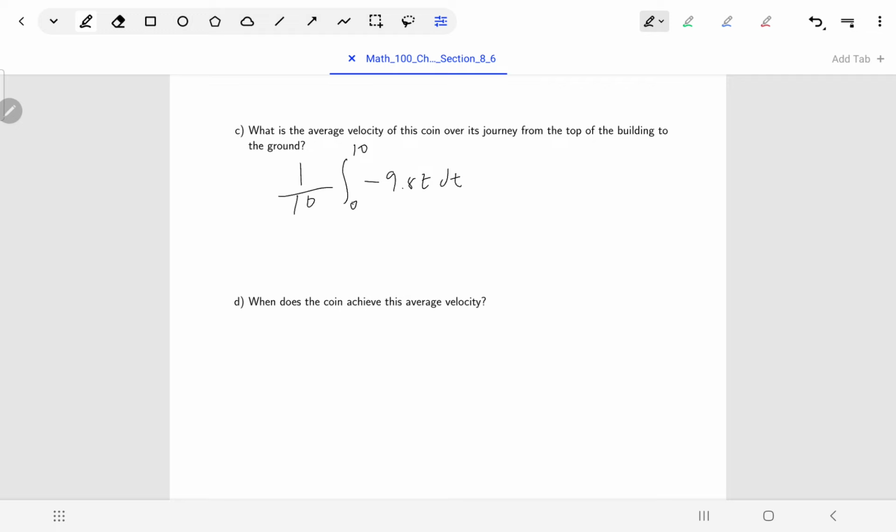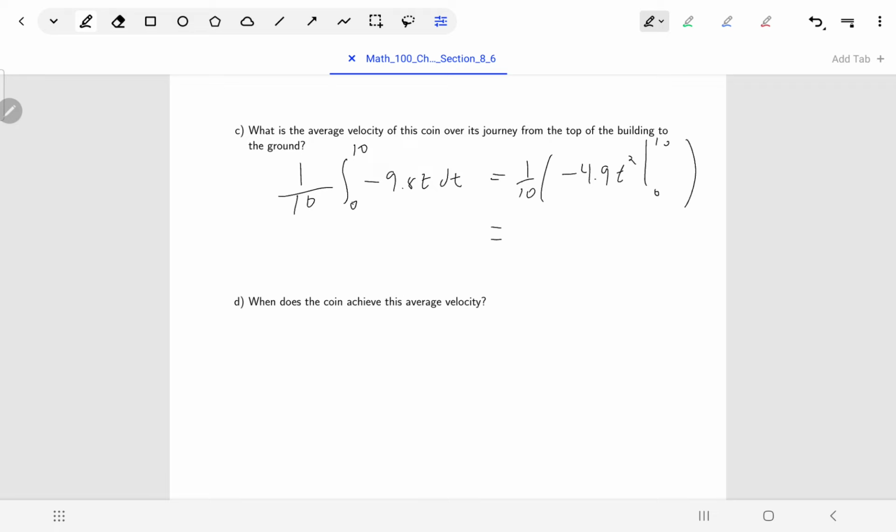So now I just have a little bit of calculations to do here. I just need to find an antiderivative of negative 9.8 t, which I know what that is. That's negative 4.9 t squared. And I need to evaluate that between t being 0 and t being 10.